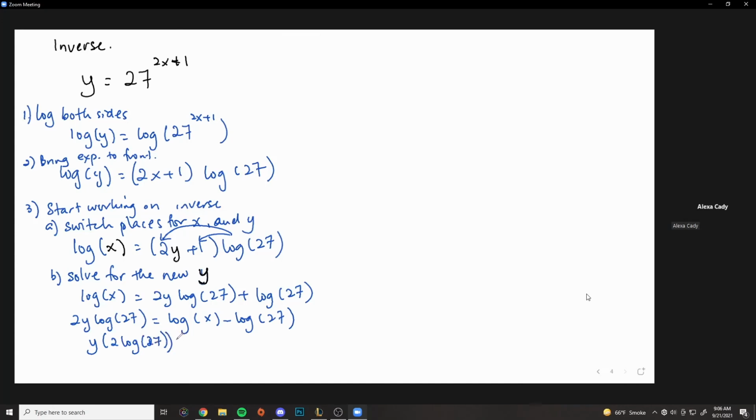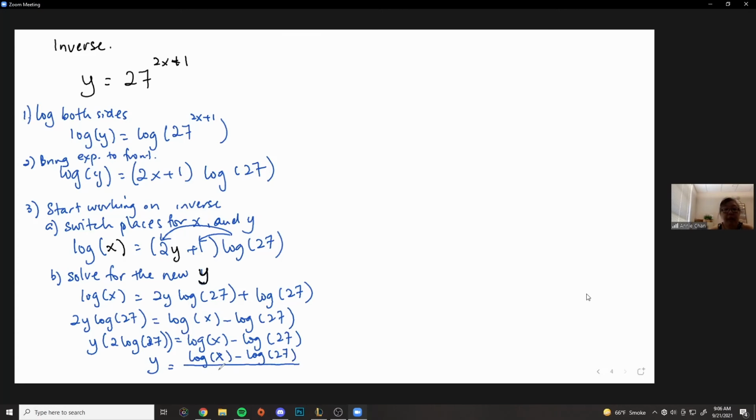Is that how you would do it? Yeah, I can factor this out, if that makes it easier for you to see. So then now y is by itself. y would be log of x minus log of 27 divided by 2 log of 27.